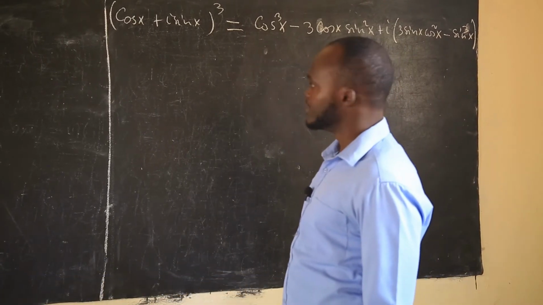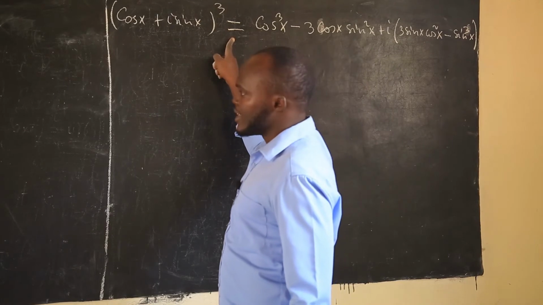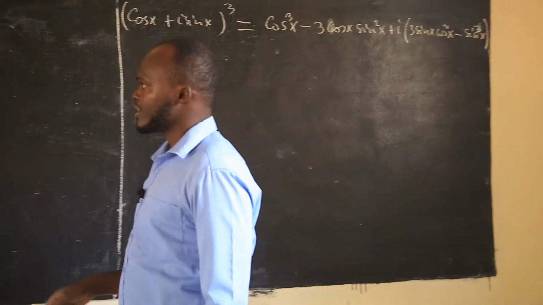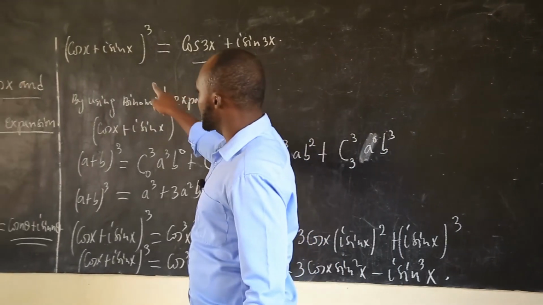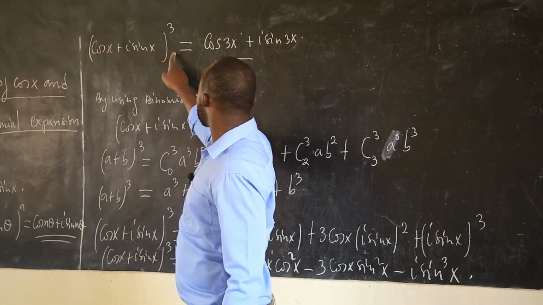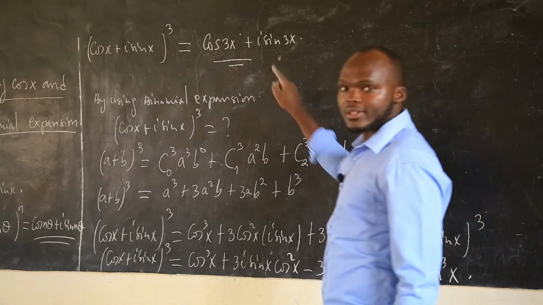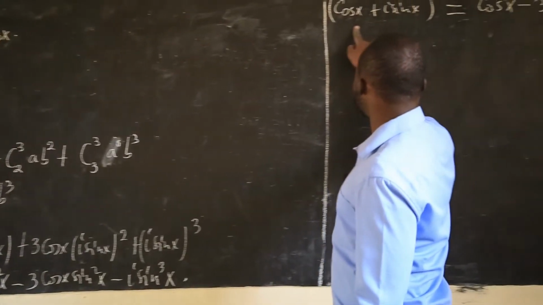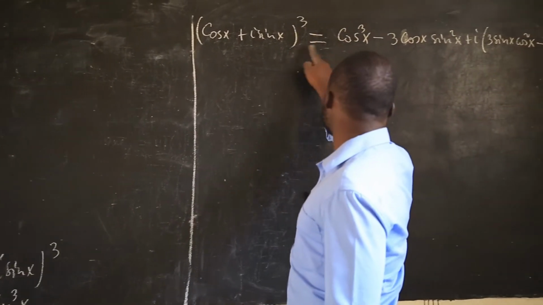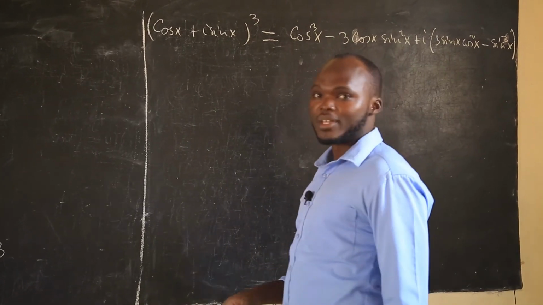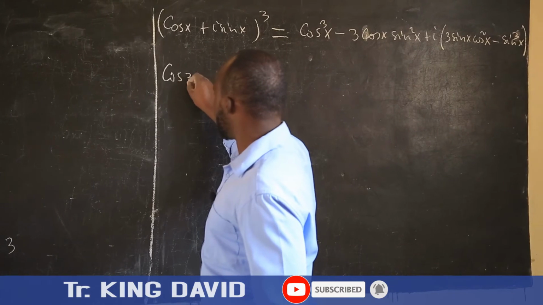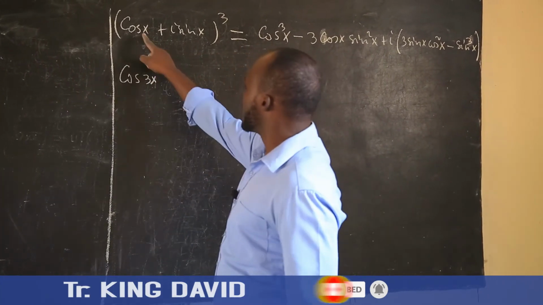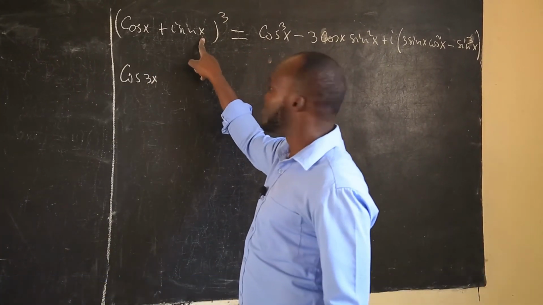Now we compare this answer with the one given by De Moivre's theorem. Cos x plus I sin x power 3 is equal to this one, and also equal to this one, so their answers must be equal.